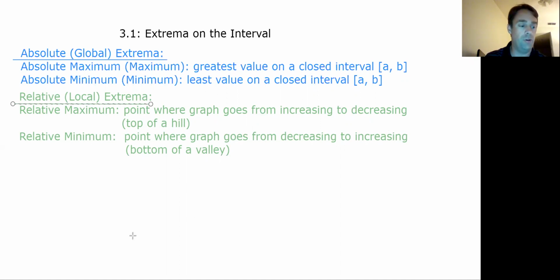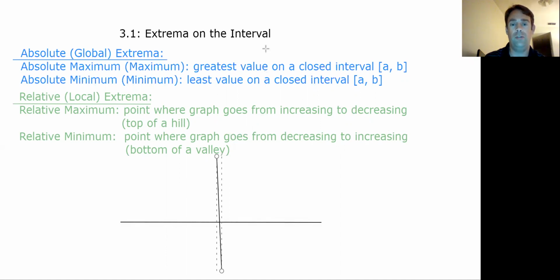So let me draw a graph for you here, so we can talk a little bit about what this is and get on the same page. Now, it's not a very good y-axis right there. I blame myself on that one. All right. We'll let this be A and we'll let this be B. On a closed interval, that means we're dealing with solid points.